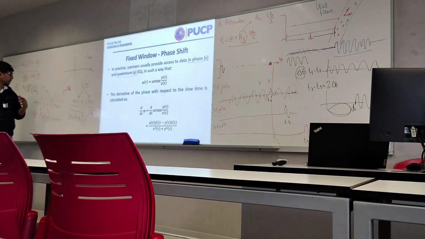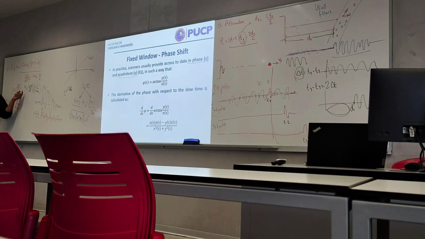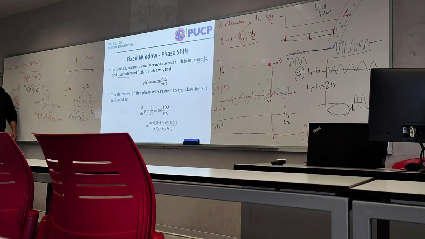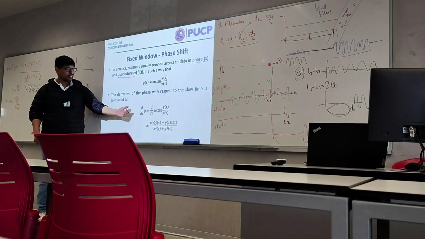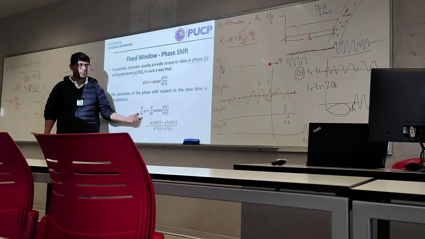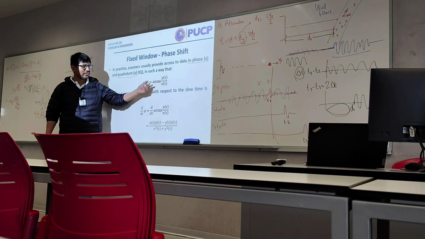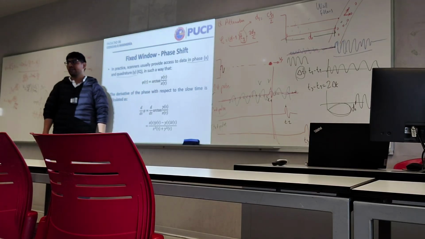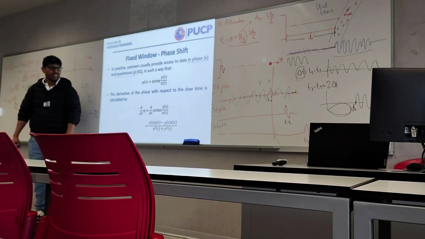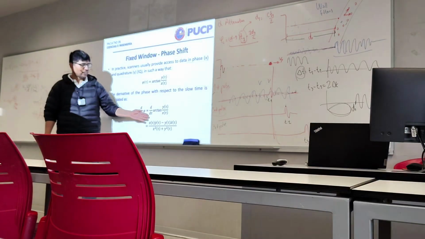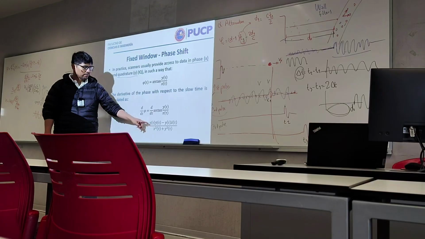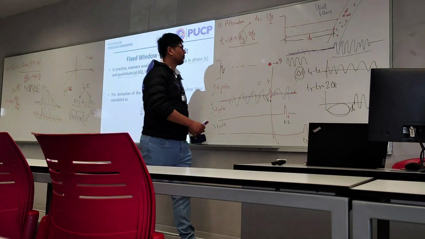But our interest is the velocity, which is related to the phase derivative, the derivative of the phase with respect to tau. So we need to do that. Derive phi with respect to tau, which is the derivative with respect to tau of the tangent inverse of y over x.